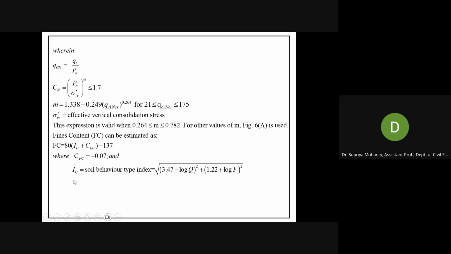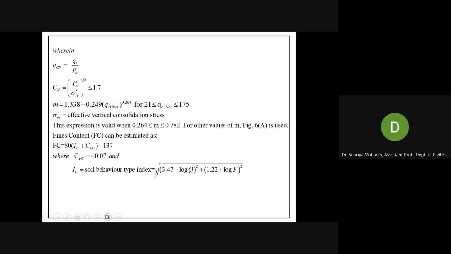0.07. However, IC represents the soil behavior index, meaning what type of soil it is, whether it is purely clay, silty sand, and so on. Because in the CPT test, we are not getting any sample, so we are not able to conduct the sieve analysis to get the percentage of fines as compared to SPT. So here, indirectly, by using this IC, the soil behavior index, we need to relate what type of soil it is.